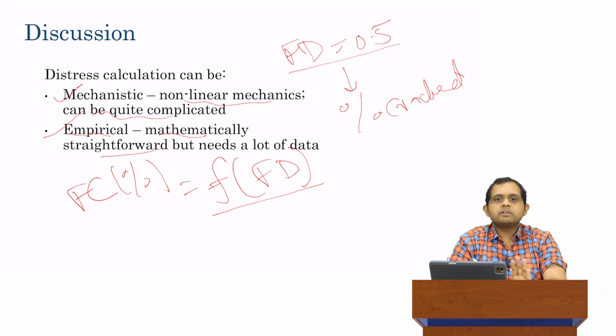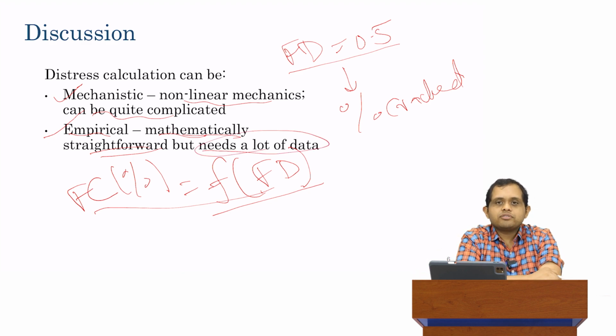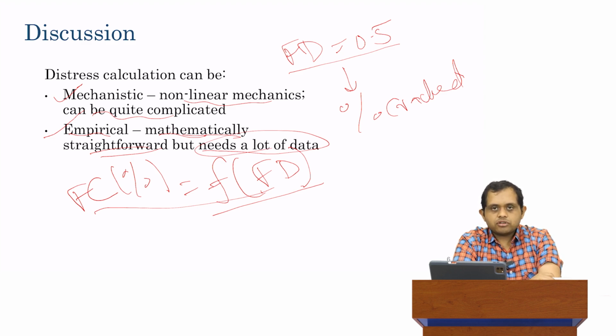So we just use simple statistical techniques to derive this function. Advantage, it's pretty straightforward. We have the data, we fit the data, that gives us a relationship. The problem is our data. We need a lot of data. So in order to develop these empirical functions for fatigue damage, we actually have to collect a lot of data about pavement performance.